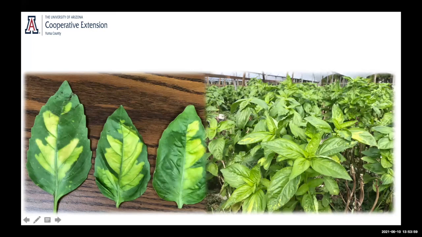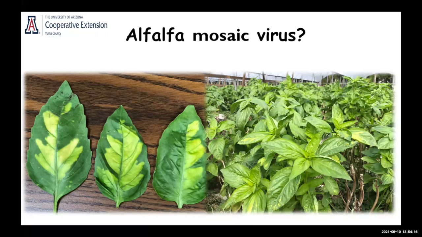Just to give you a little bit more idea, these were some samples that I was working on as a postdoc. It was a basil production greenhouse with almost 100,000 to 200,000 plants, and they all had this symptom, which looked very much like alfalfa mosaic virus.